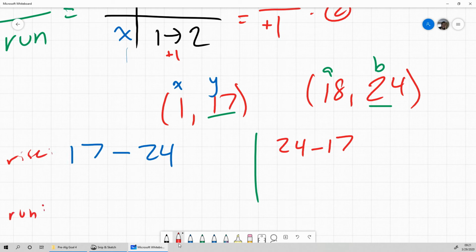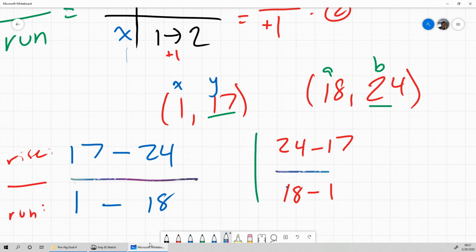Well, we're doing the same exact thing for our run. On this version, since I started with my 17, I need to start with my 1. Likewise, on this version, since I started with my 24, I need to start with my 18. And again, it's rise over run. So it's this stuff over each other.